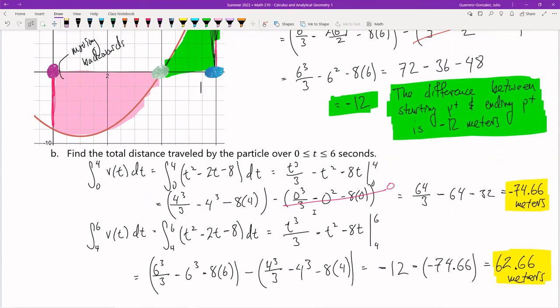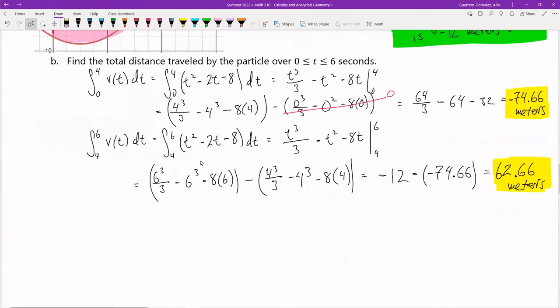Okay, so now we get to finally answer the original question, the total distance. So the total distance, write that down. Hopefully you guys recall, I think I said it in the previous section, that when we do net signed area versus total area, one of them is just a flat out integral without any messing around with it.